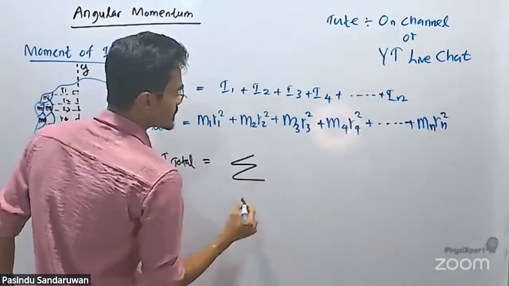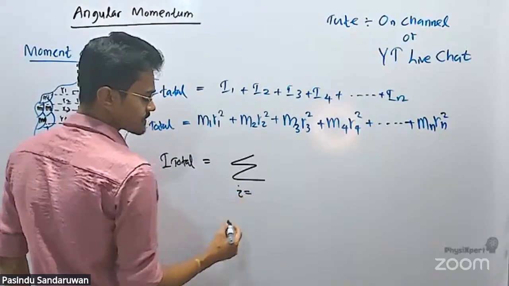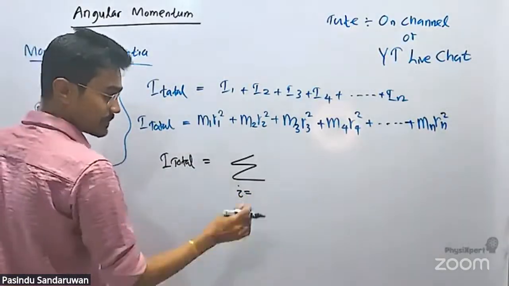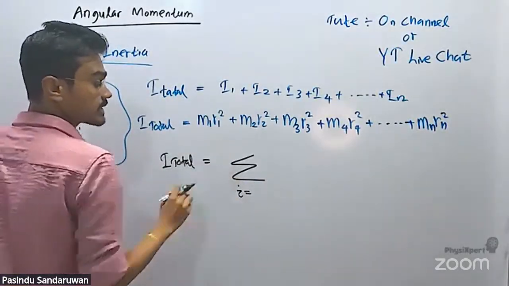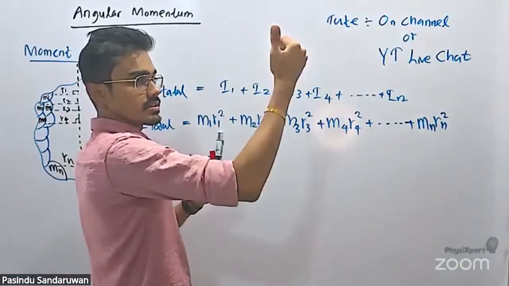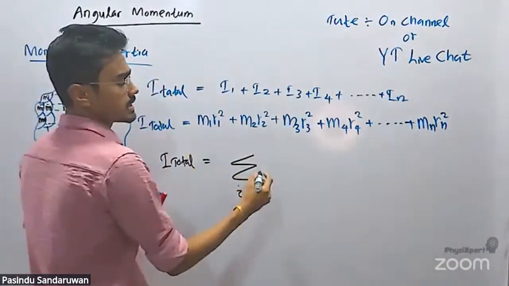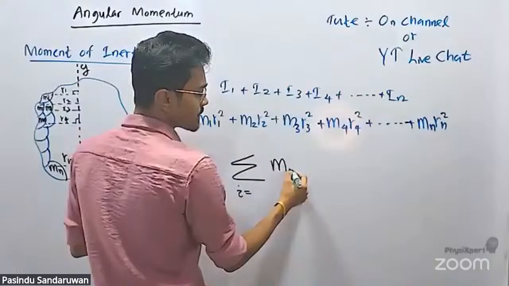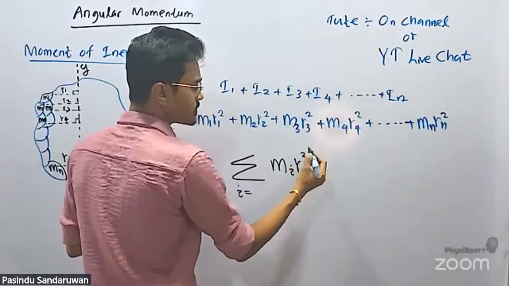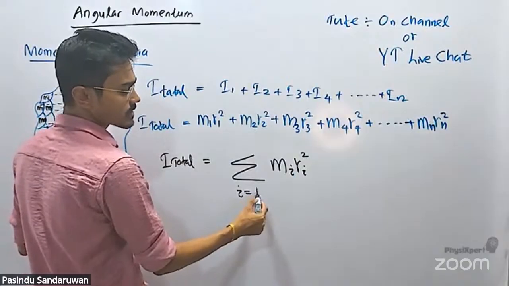Sigma means addition. Here we put the limit of sigma. Limit means from which one to which we have to take the addition. Here, as a common term, we can write mi ri squared, from i equals 1 to n.